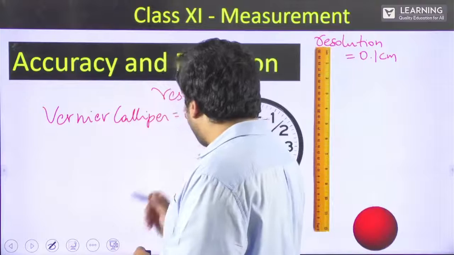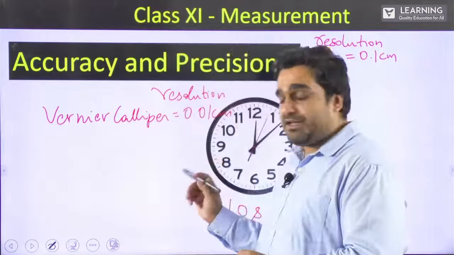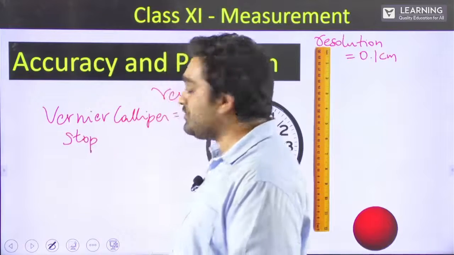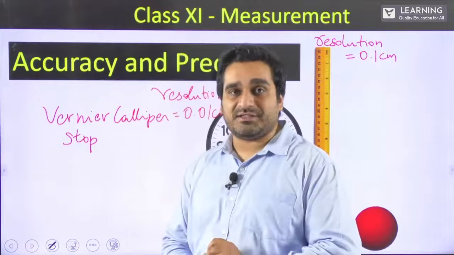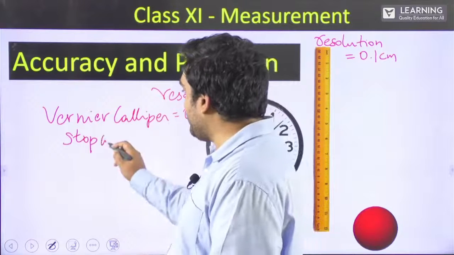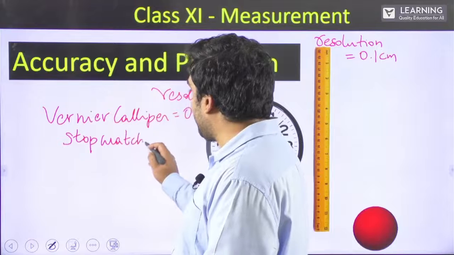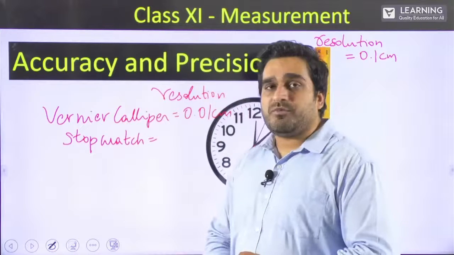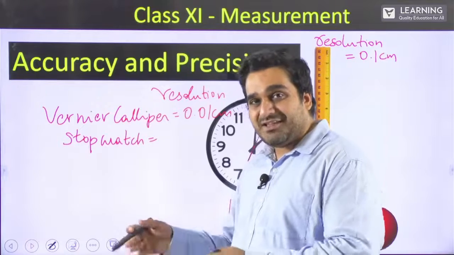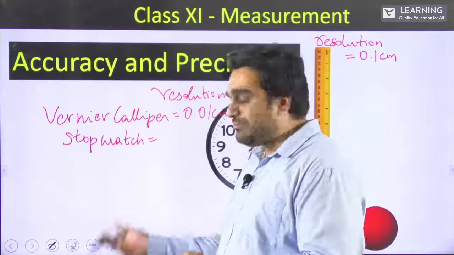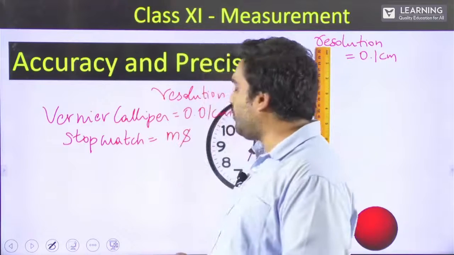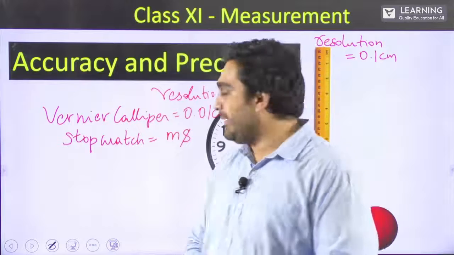On the other hand, for a better resolution in determining time, you can use a stopwatch, which is actually installed in your electronic gadgets. A stopwatch would have seconds, milliseconds, and other lower divisions of a second. Let me just mention milliseconds, which is 1/1000th of a second.